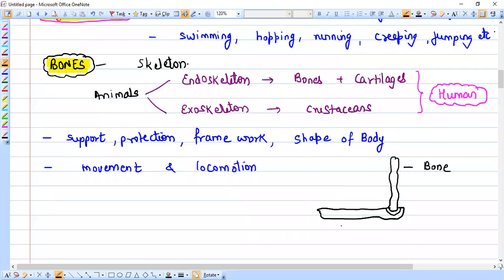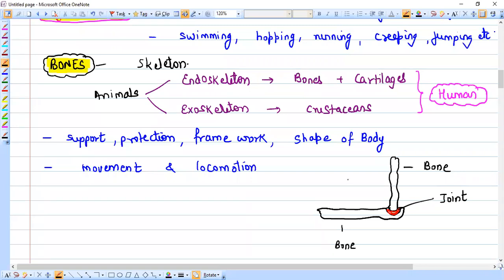This is also a bone. And the point where the two bones are meeting, basically, let me give some color to it. This area I can call a joint. The two bones where they meet is basically called a joint. So what is a joint? Nothing but the place where two or more bones meet.